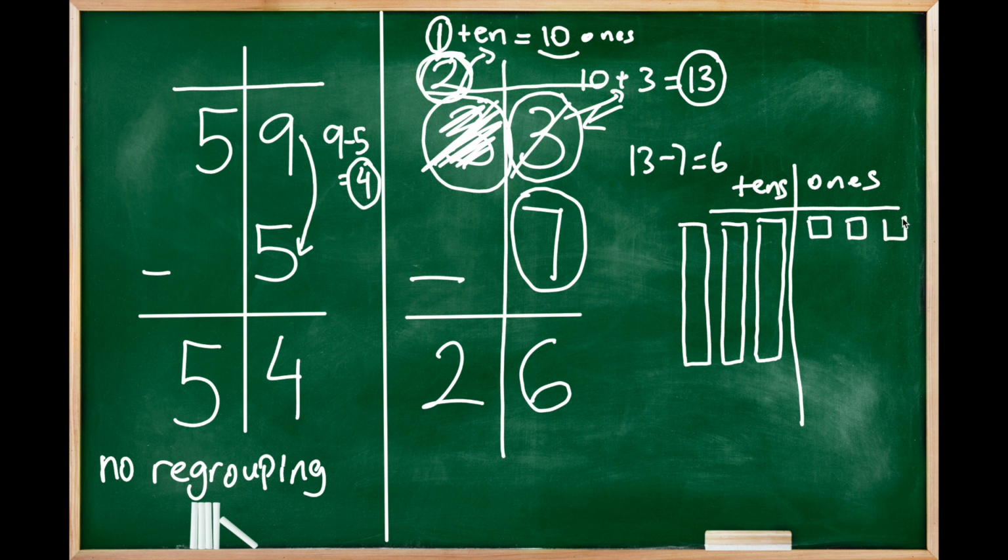I have 3 ones blocks in the ones place. I want to take away 7 ones blocks from the ones place, which is not possible because I don't have enough ones here.